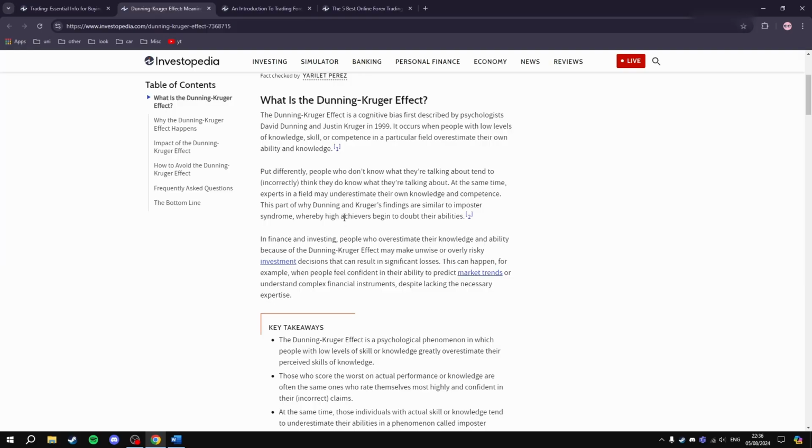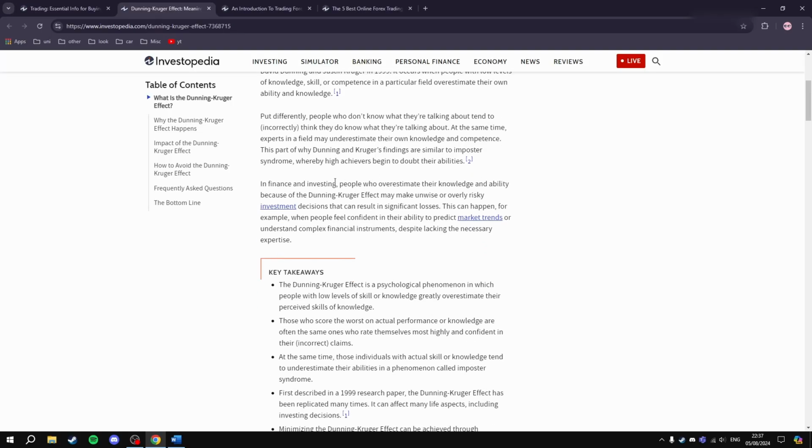This is part of why Dunning and Kruger's findings are similar to imposter syndrome, whereby high achievers begin to doubt their own abilities. In finance and investing, people who overestimate their knowledge and ability because of the Dunning-Kruger effect may make unwise or overly risky investment decisions that can result in significant losses. This can happen, for example, when people feel confident in their ability to predict market trends or understand complex financial instruments, despite lacking the necessary expertise.